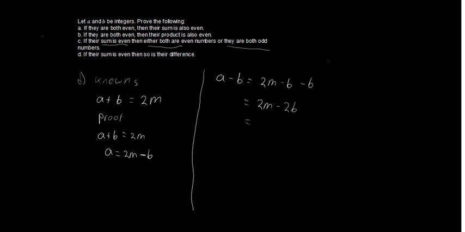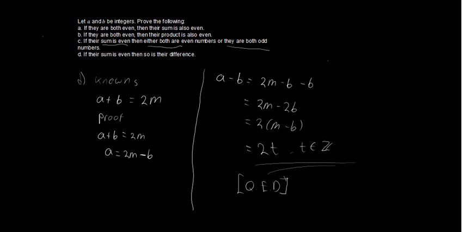Which, when you factor out the 2 there, we have m minus B, which is just equal to 2 by some integer t, where t is a member of our set of integers. And that's how you do that direct proof. So QED there. So this is the end of our proof.